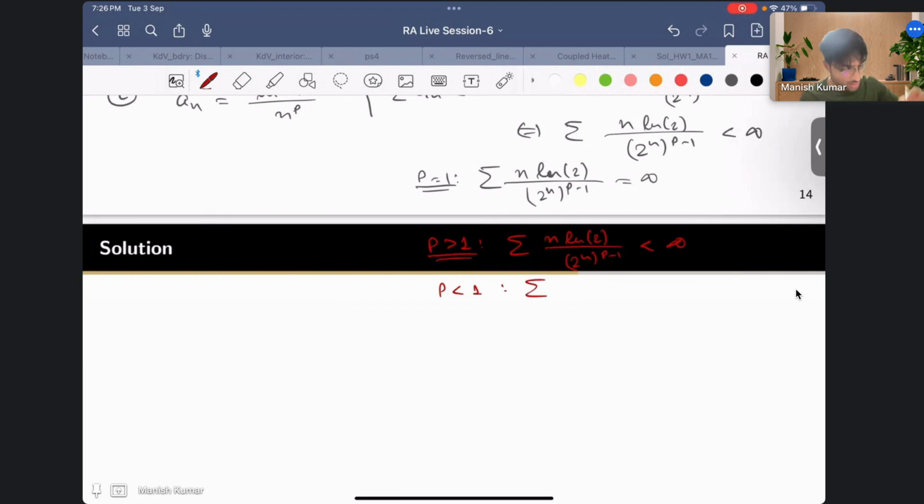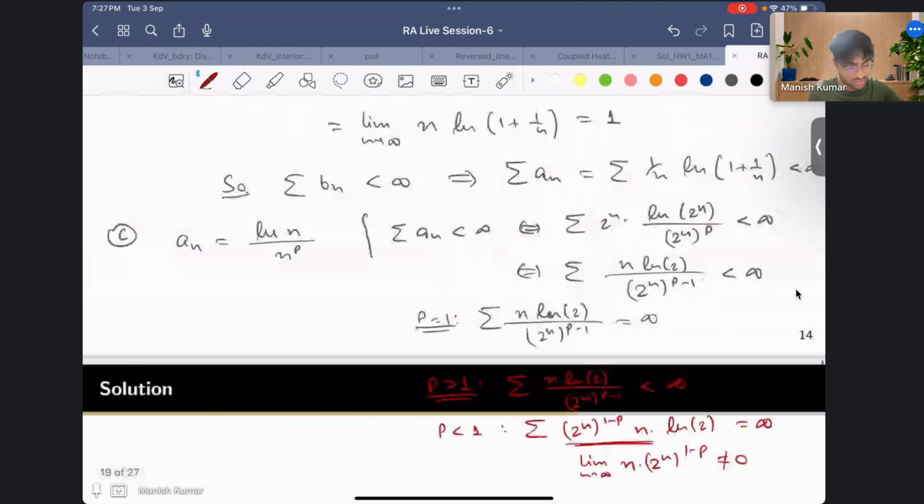And for p less than 1, you can see this is n ln 2, and then you have 2^n (1 minus p), that means 1 minus p would be positive, and this is divergent, because if you take the limit of this thing, it is not 0. The limit as n goes to infinity of n 2^n (1 minus p) is infinity, so non-zero, so obviously the necessary condition is failed. So by Cauchy condensation only you can check this convergence, right?